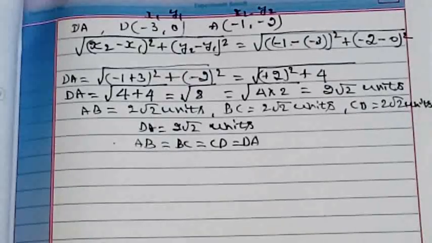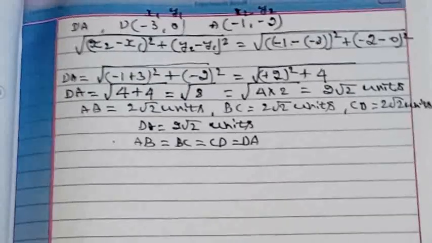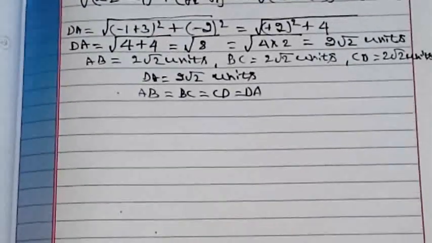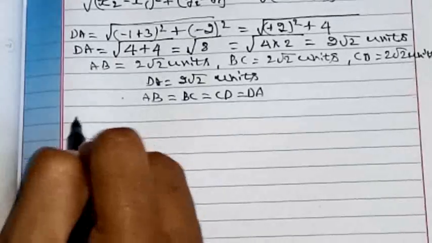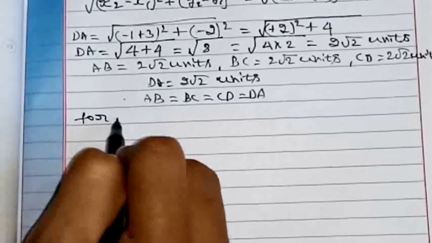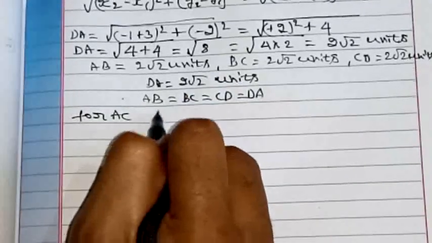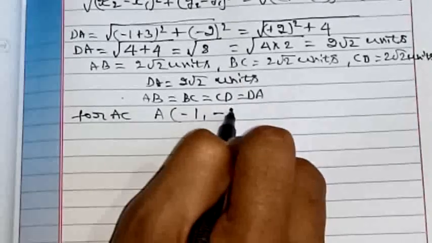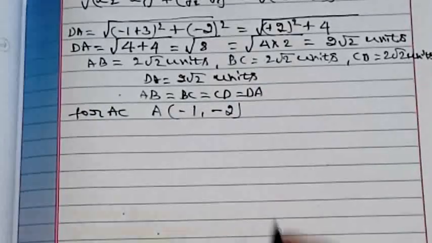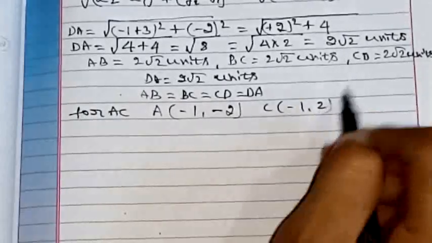By just identifying the distance of the diagonals, right? So let me find the distance between A and C first. For AC, what are the coordinate points? A of minus 1 comma minus 2, and C of minus 1 comma 2, right?